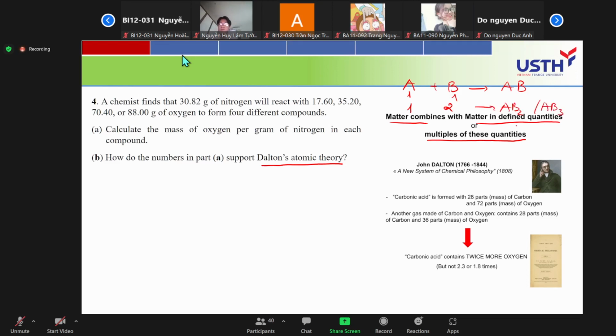And Dalton's theory is that the mass of B in the second case will be an integral multiple of the mass of B in the first case. This one is Dalton's theory.